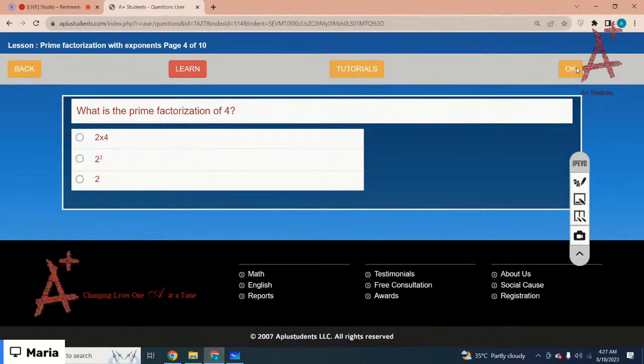What is the prime factorization of 4? Which is the correct option? The correct option is 2 times 2, and you can write 2 times 2 as 2 square.